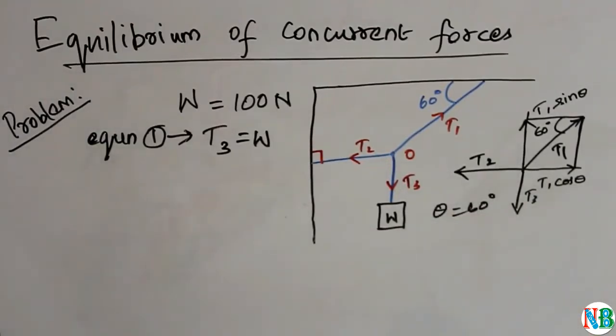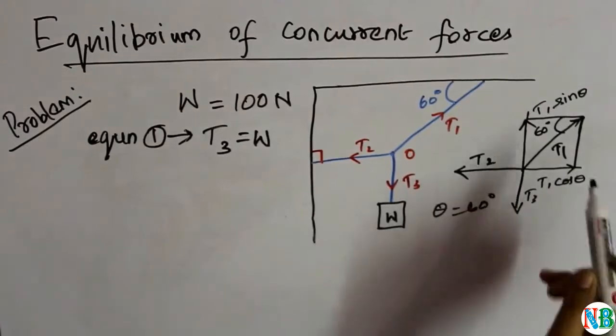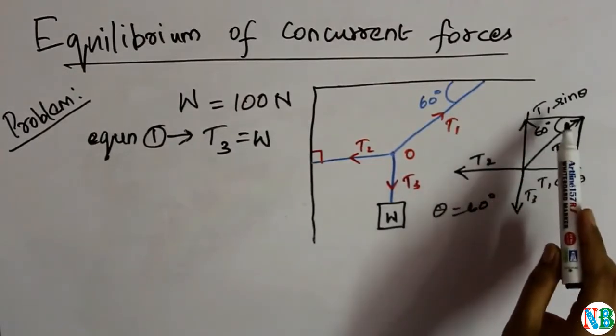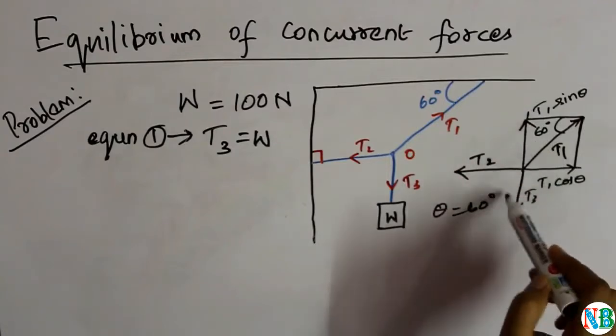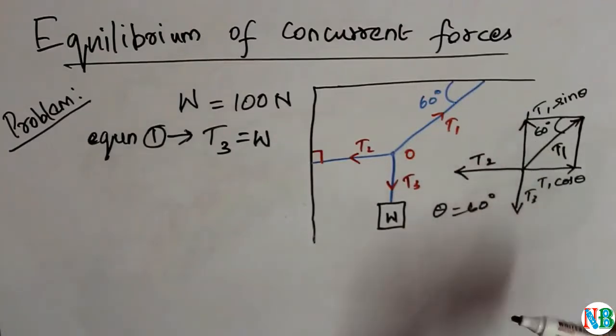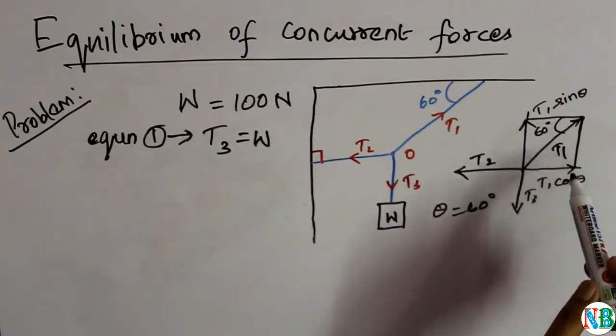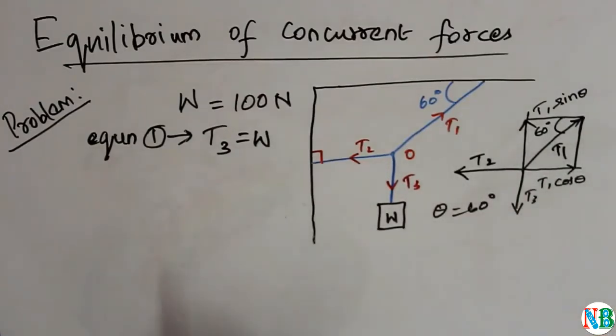Now the vertical component that is acting in this rope is T1 sine theta, whereas T3 is opposite in direction to the vertical component of the first rope. So they are given like this.